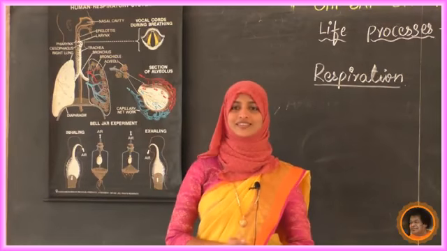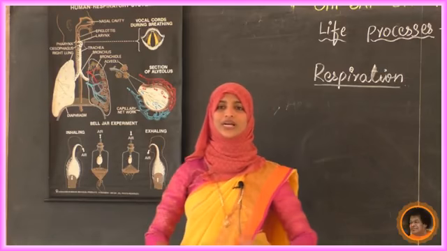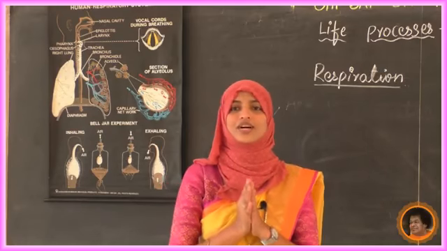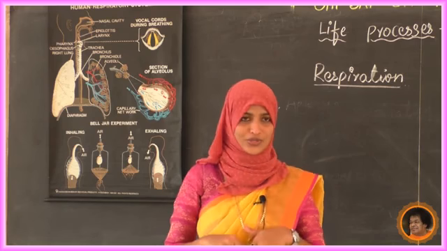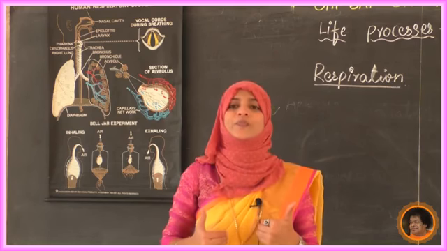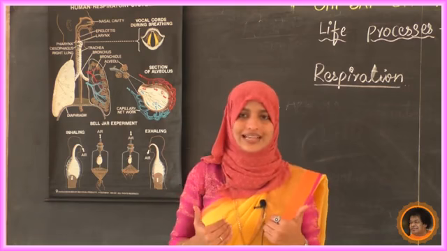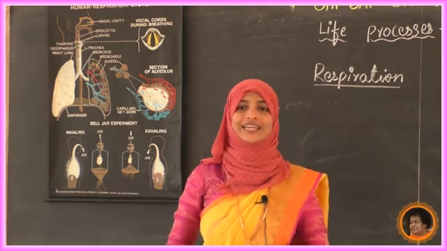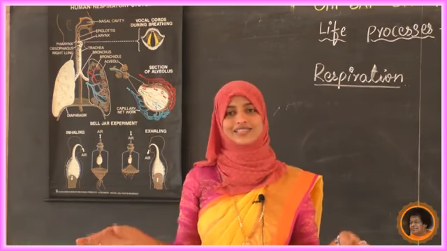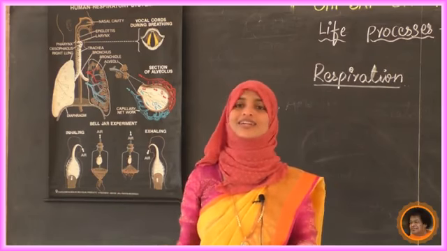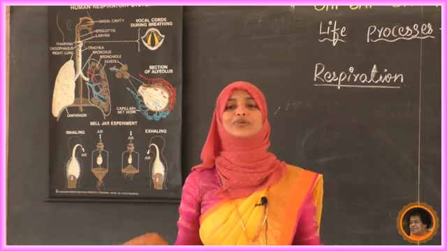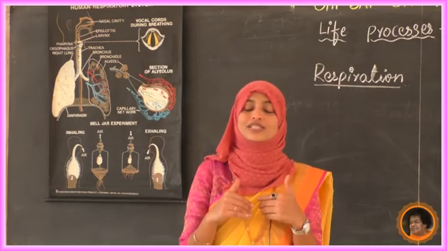Now you can tell from where it starts. The nose. From the nose we inhale oxygen or other gases. We are not filtering, we are taking in all gases. If it is carbon monoxide, any dust particles, everything we inhale.